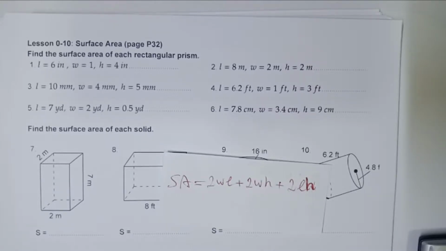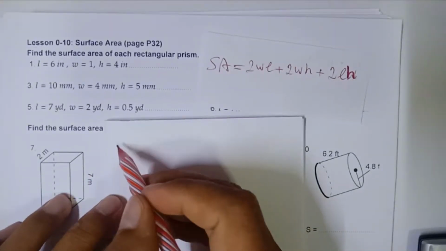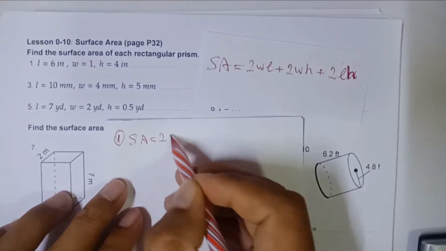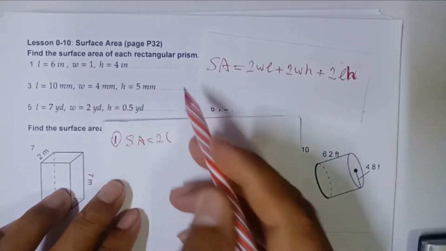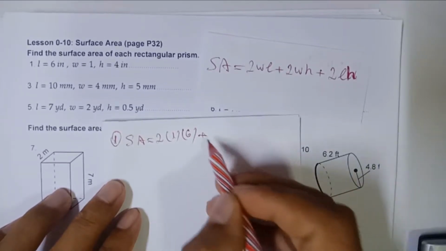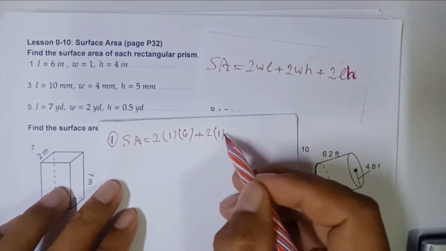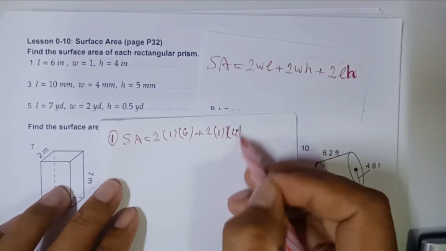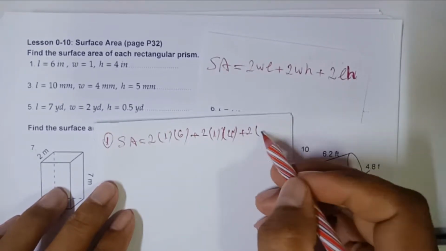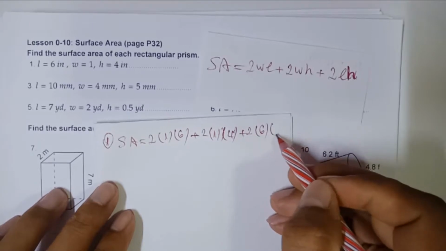For number 1, by following the formula, SA is equal to 2 times W times L, W is 1, L is 6, plus 2 times W, 1, and then H, which is 4, and for the final one, 2 times L, which is 6, and then H, which is 4.